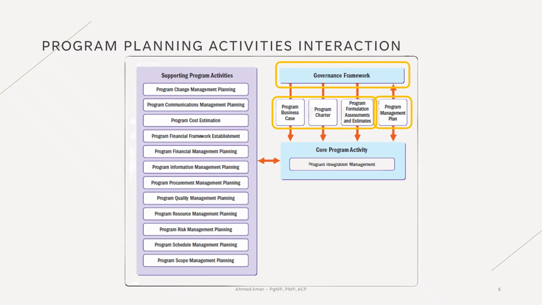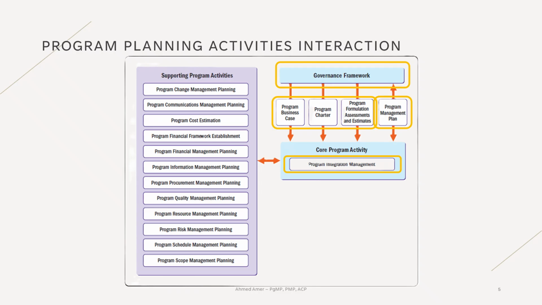This plan consolidates the roadmap, governance arrangements, component sequencing, integration points, and the initial strategies for benefits, risks, stakeholders, and communications. Program planning is not a one-time event. It's iterative, and it interacts continuously with program integration management.